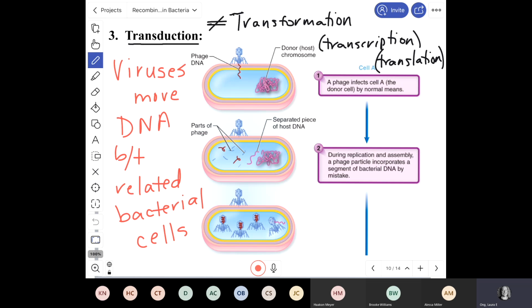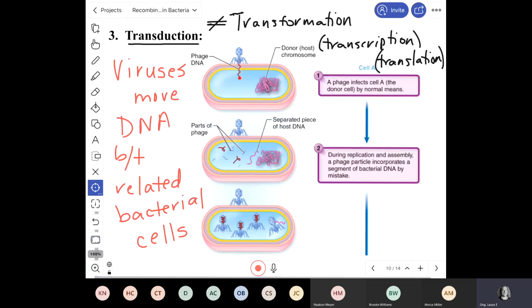Viruses are moving the DNA between related cells. And the specific viruses that are doing this are these bacteriophages that we talked a little bit about during the virus section. So it's a normal process for a bacterium like this E. coli here to get infected by a bacteriophage, a virus, and the virus injects its genome.